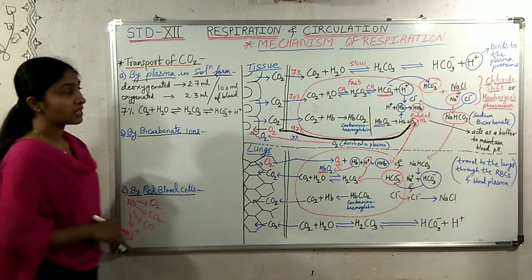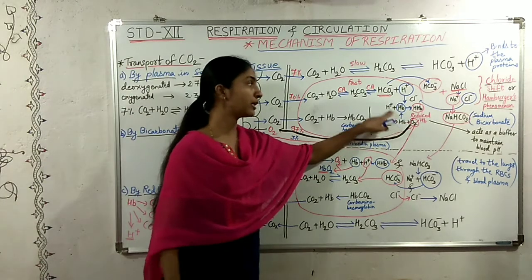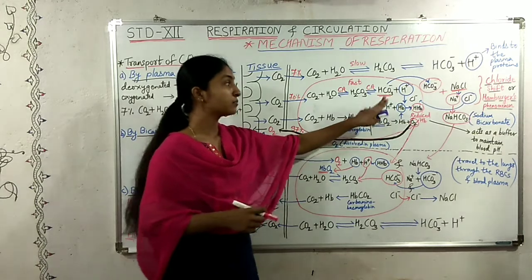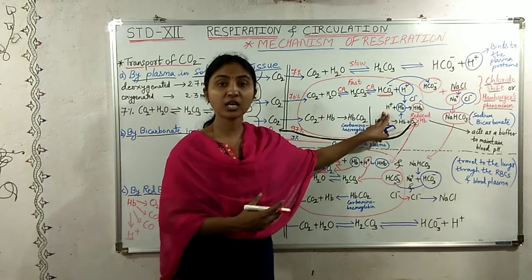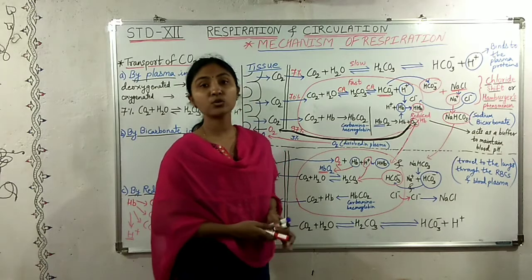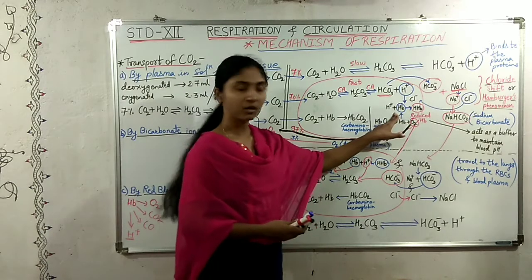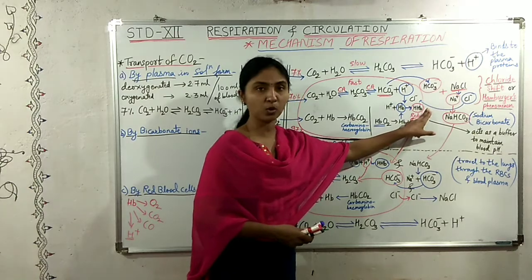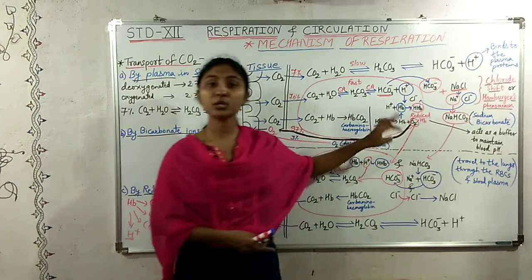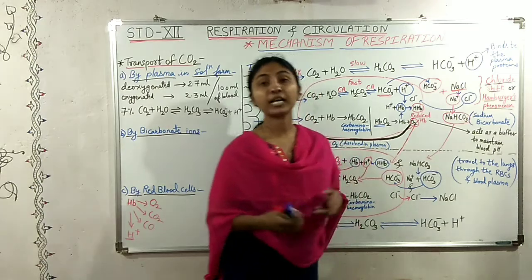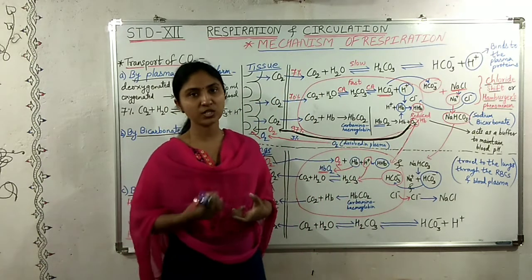So here the same thing happens. This hemoglobin combines with the hydrogen ions, and as it combines with the hydrogen ion, it forms HHb, that is reduced hemoglobin. This reduced hemoglobin acts as a buffer to maintain the blood pH level.